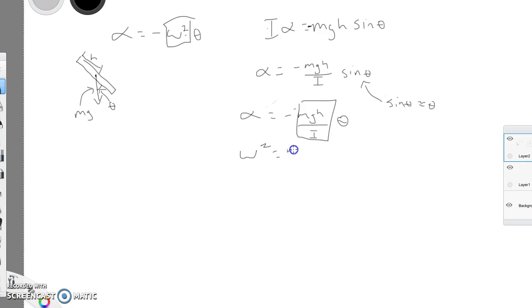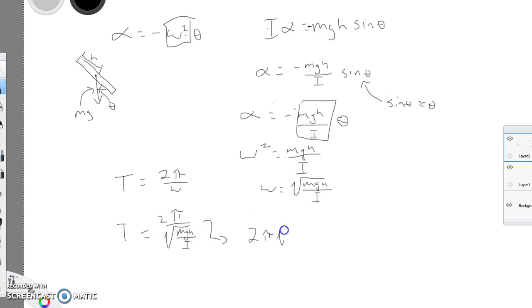So omega squared equals mgh over I, which means that omega is equal to the square root of mgh over I. Now the period is equal to 2 pi over omega. So then the period of a physical pendulum would be equal to 2 pi over the square root of mgh over I, which can be simplified to 2 pi square root of I over mgh. Okay? And this is a more general formula for the period of a physical pendulum.